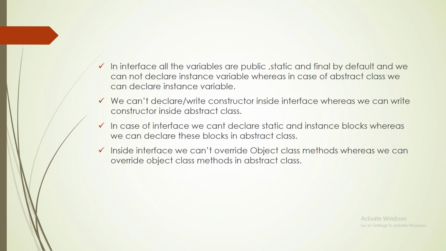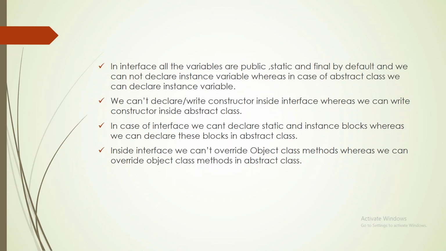Second difference is we can't declare a constructor inside the interface, whereas we can write a constructor inside abstract class. In case of interface we can't declare static and instance blocks, whereas we can declare these blocks in abstract class. We'll show all these examples in Eclipse.